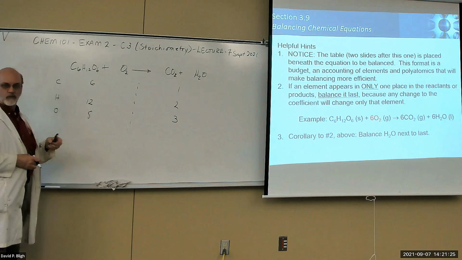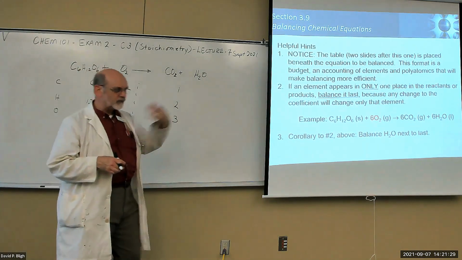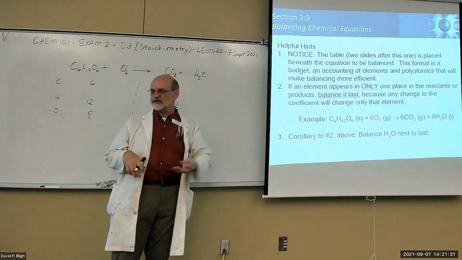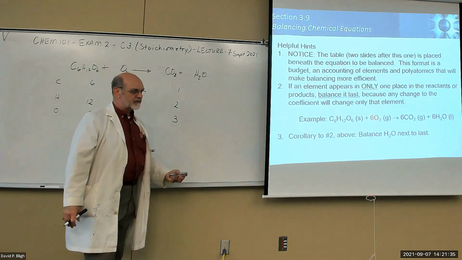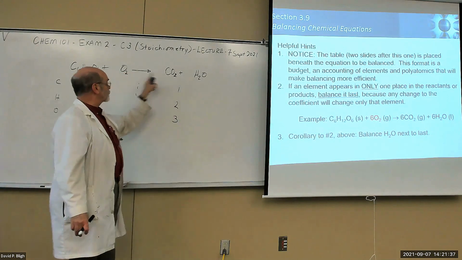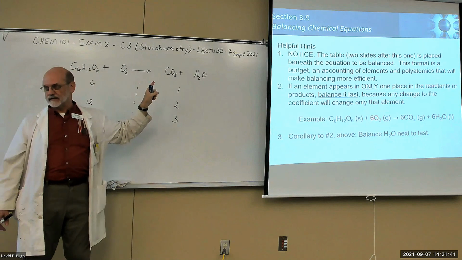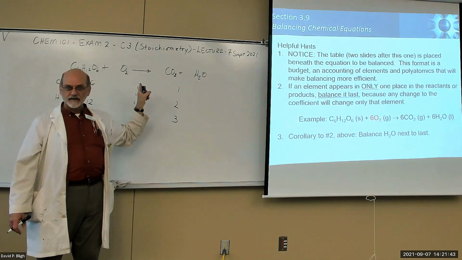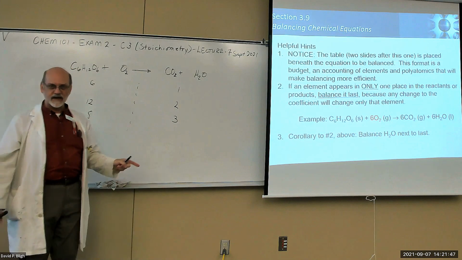Next thing you have to do is decide where are we going to start. Sometimes after you work so many of these, you have sort of an intuition as to where to begin. But eventually, if you write these compounds correctly, by the way, if you don't write those compounds or the elements correctly, this equation will never balance. I can guarantee that.